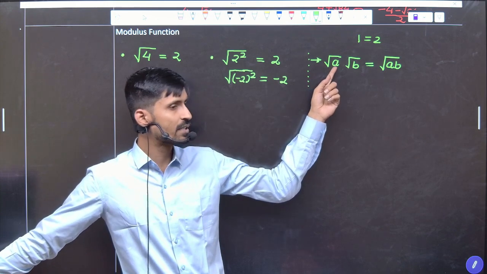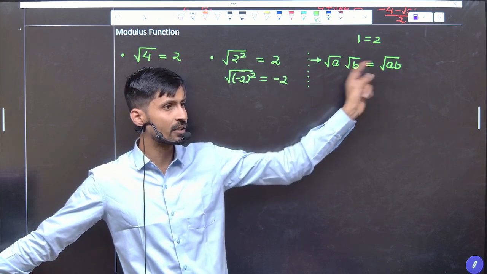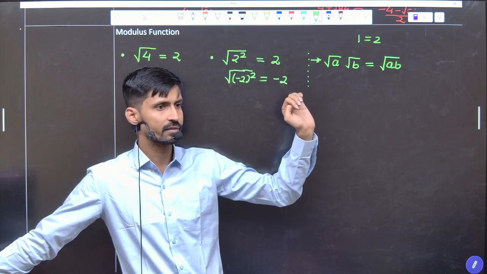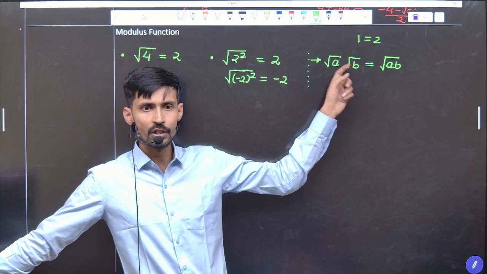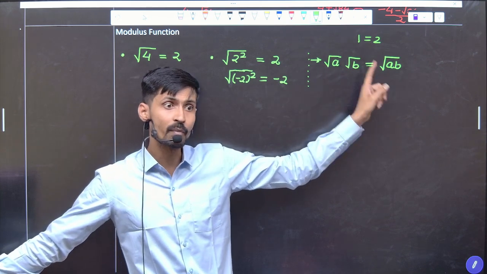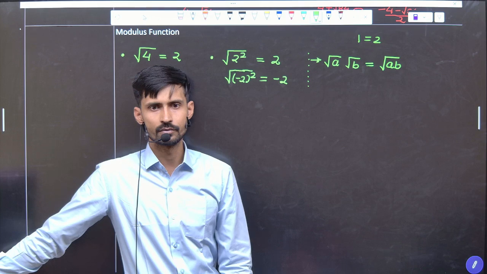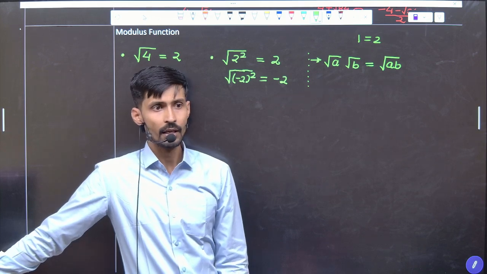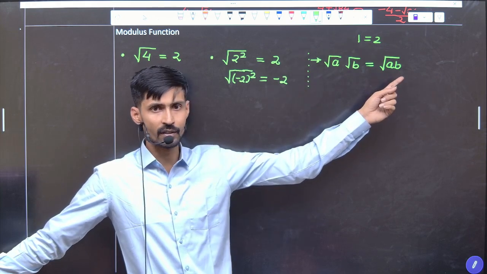Suppose A is -3 and B is -3. You cannot write the square root of (-3)(-3). Suppose A is -3 and B is 4. You can write the square root of -3 into the square root of 4 as the square root of (-3)(4), the square root of -12. That you can do. Okay? But when both A and B are negative, you cannot apply this property.